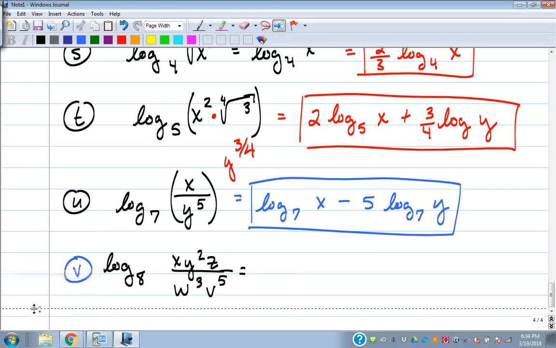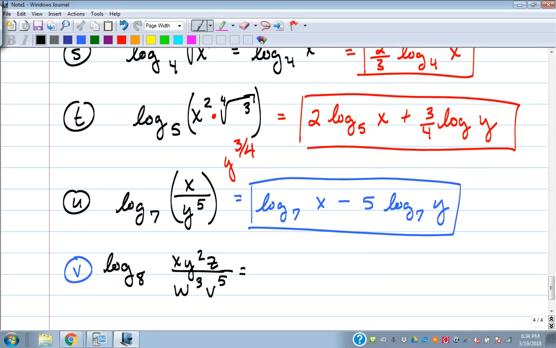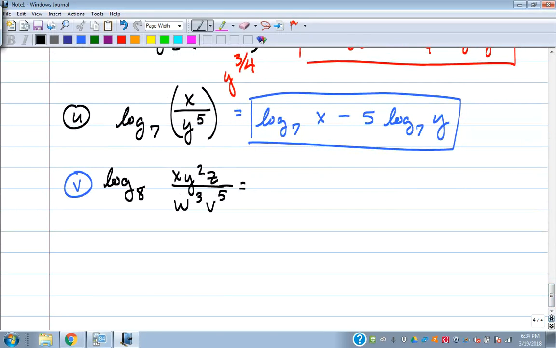The big thing that's happening though is what? The division is the big thing. Okay, so you got all of this stuff divided by all that stuff. So that right there is going to create a what kind of problem? Subtraction problem. Okay, so division creates subtraction, and so maybe we can do it step by step.